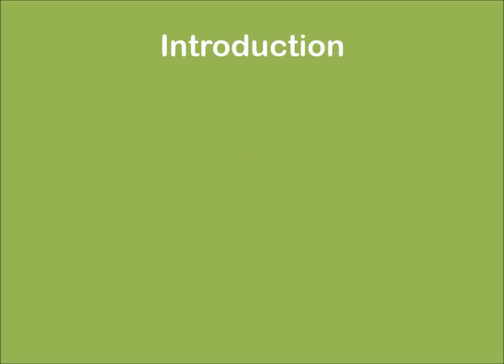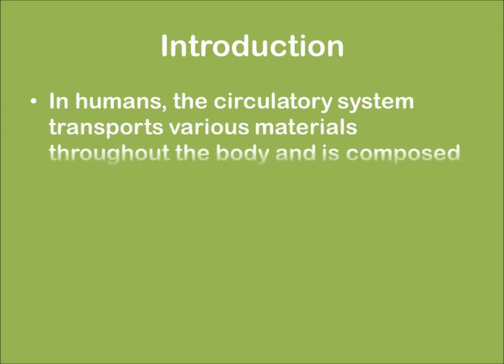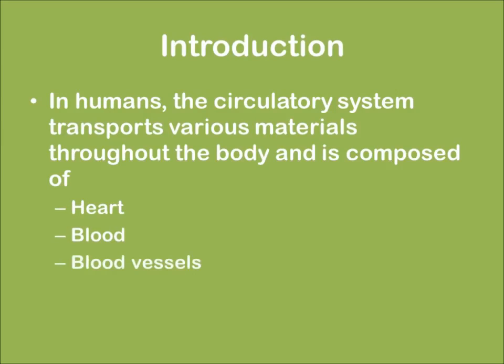So, coming to the introductory part of this lecture, in humans, the circulatory system transports various materials throughout the body and is composed of three things, mainly the heart, the blood, and the blood vessels.